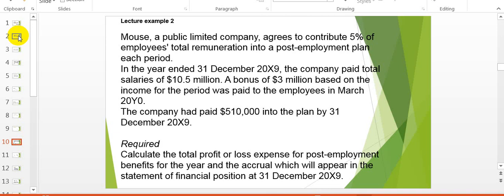The company had paid 510,000 into the plan by 31st December 2009. We are required to calculate the total profit or loss expense for post-employment benefits for the year and the accrual which will appear in the statement of financial position, if any.